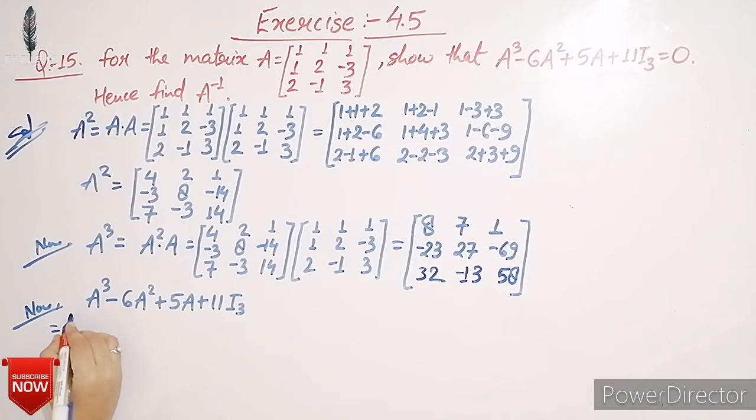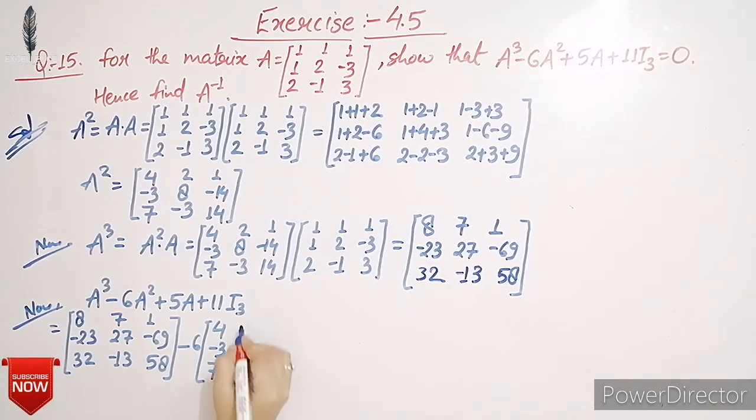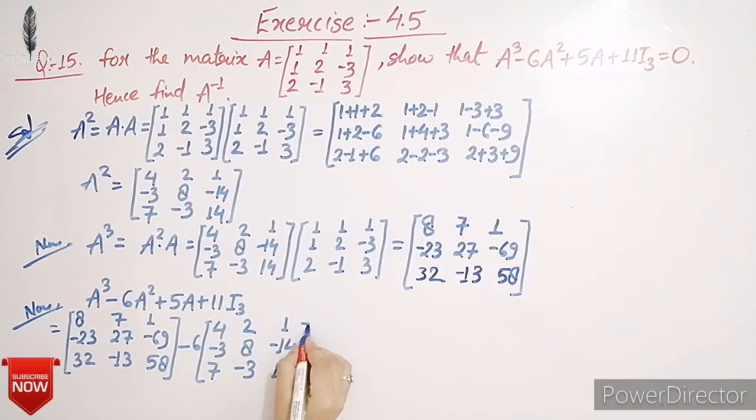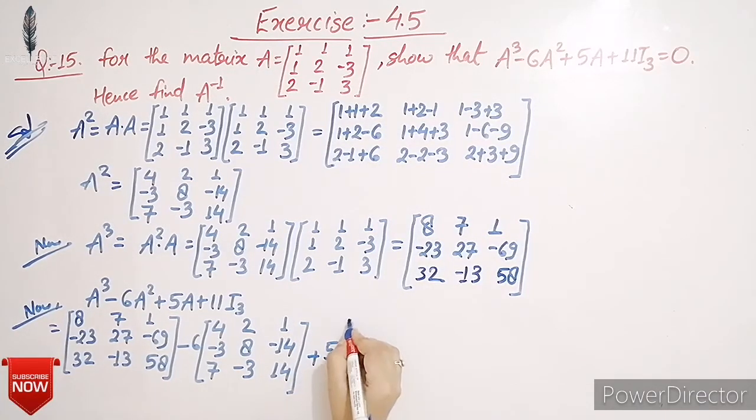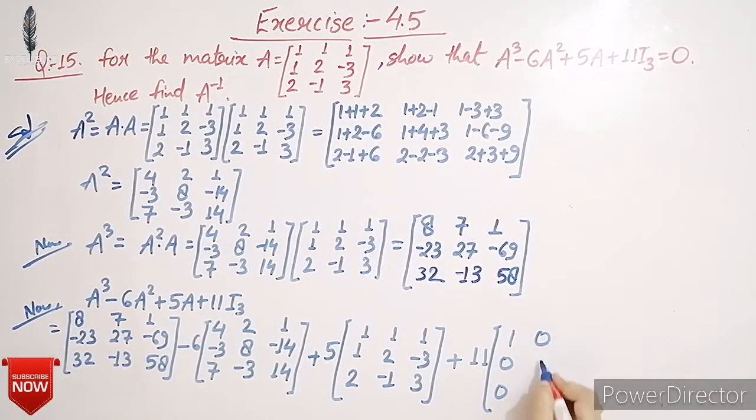So put the values of A cube, A square and A. We have [8, 7, 1; -23, 27, -69; 32, -13, 58] minus 6 into the value of A square, [4, -3, 7; 2, 8, -3; 1, -14, 14], plus 5 into the value of A, [1, 1, 2; 1, 2, -1; 1, -3, 3], plus 11 into I3, that is the identity matrix of order 3: [1, 0, 0; 0, 1, 0; 0, 0, 1].